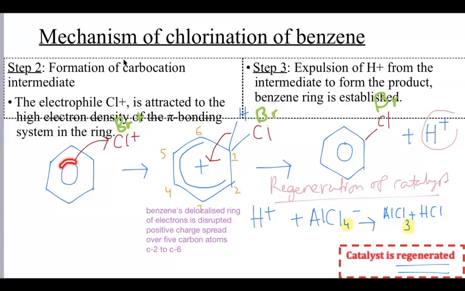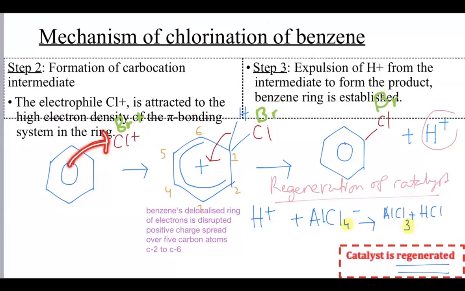you have 6 pi electrons inside this ring. When an electrophile approaches the benzene, a pair of electrons in the pi system, equivalent to 2 electrons, will be given to the electrophile.